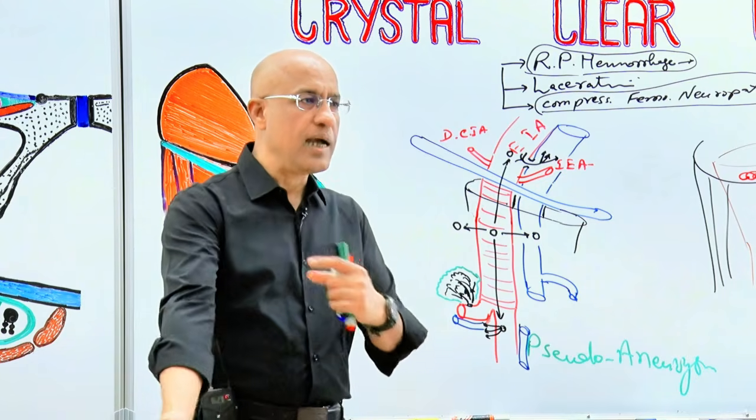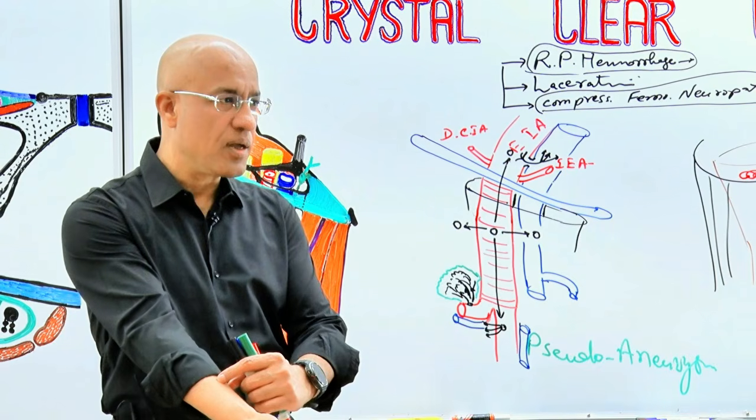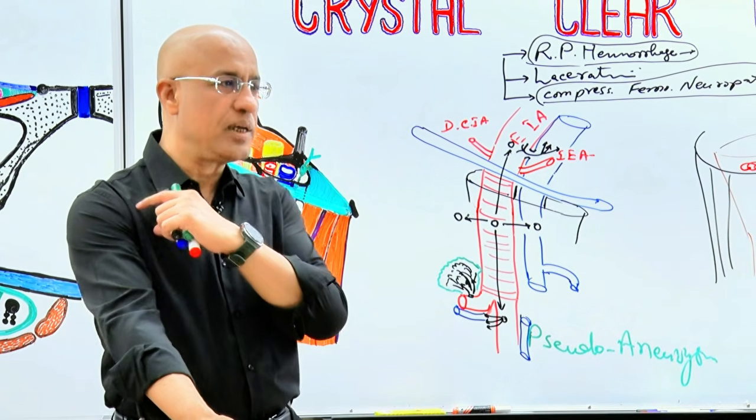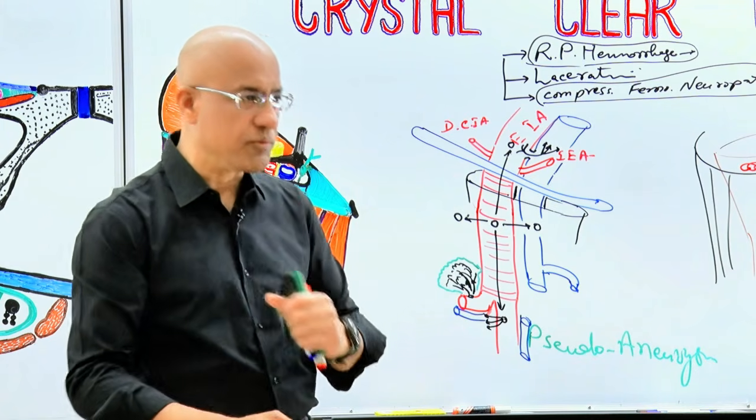Actually, it is true. As you move to smaller arteries, the veins become much more intimate, right? But if you go to the bigger artery, vein and artery are side by side, with some significant connective tissue in between.